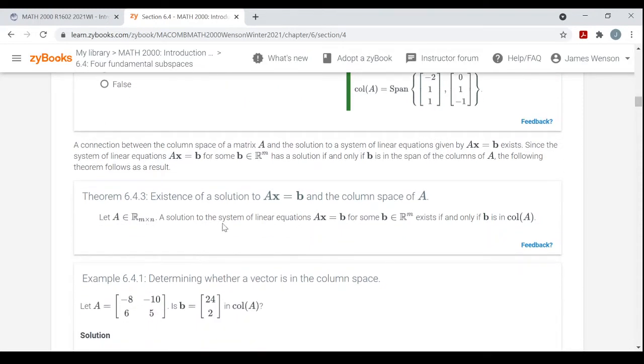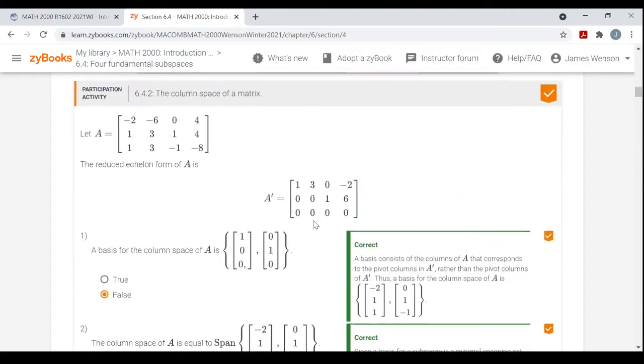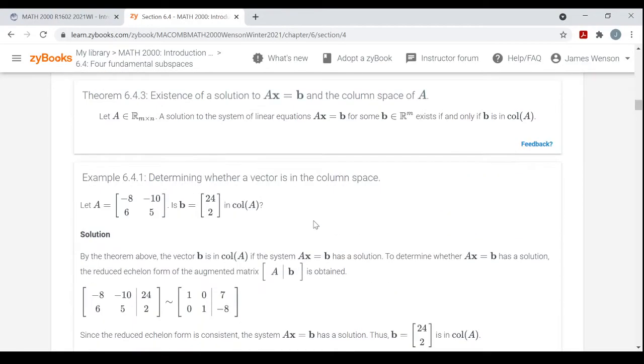So that leads us to this statement here, saying that if A is some m by n matrix, a solution to the system of linear equations, A times x equals b for some b in Rm, there will be a solution to this if and only if this vector b is in the column space of A. Hopefully that all makes sense based on the previous readings.